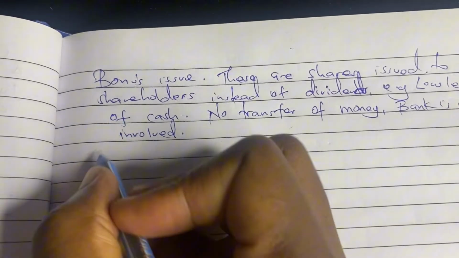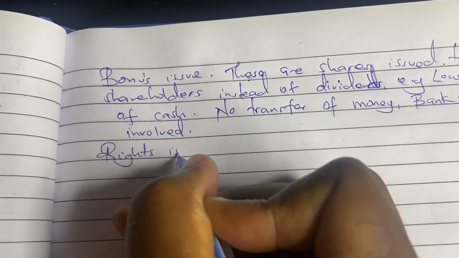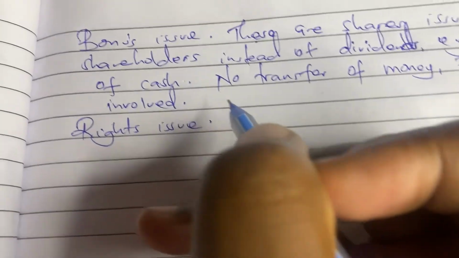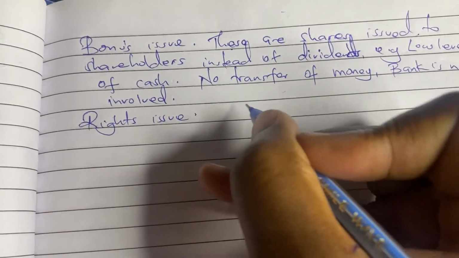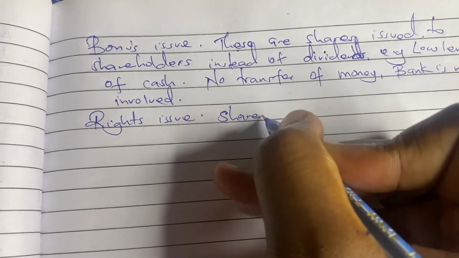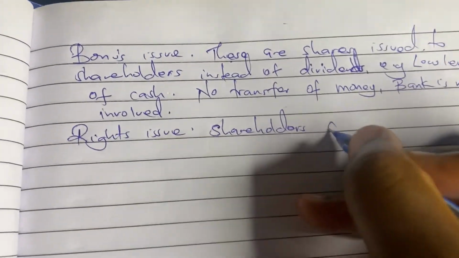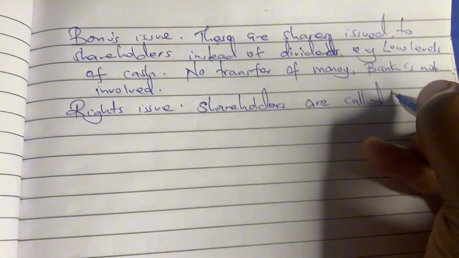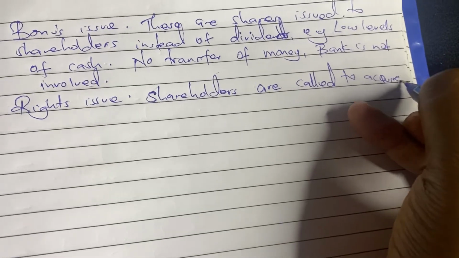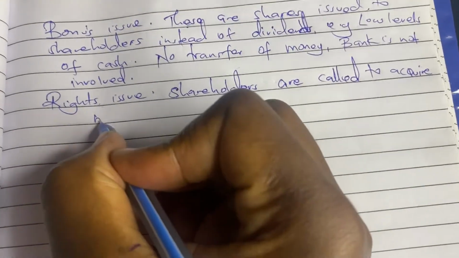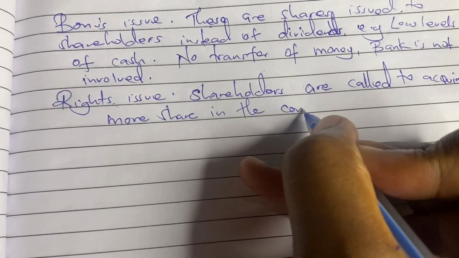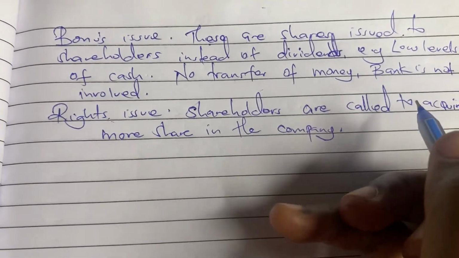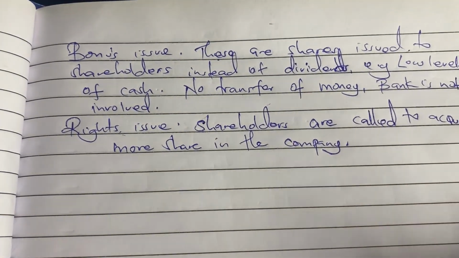Then another term we have is rights issue. Rights issue here, they call shareholders to acquire more shares in the company, and they are given incentives.